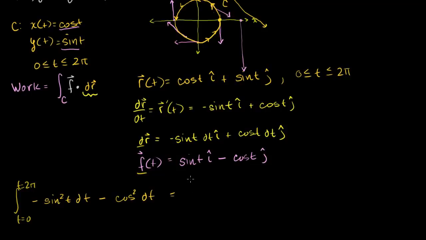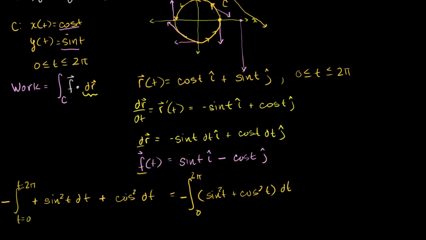This is going to be equal to the integral from 0 to 2 pi of, and let me take the minus sign out to the front, sine squared of t plus cosine squared of t, and we factor dt out.